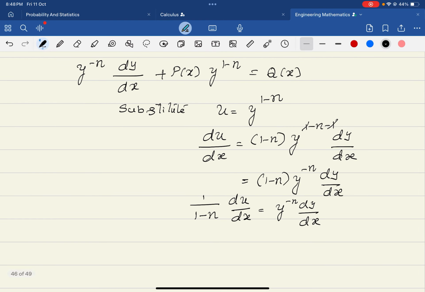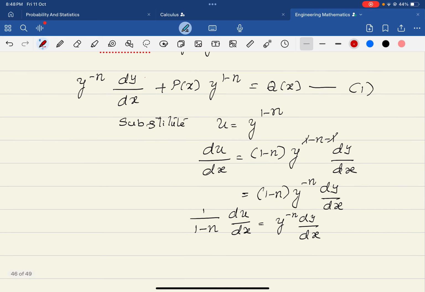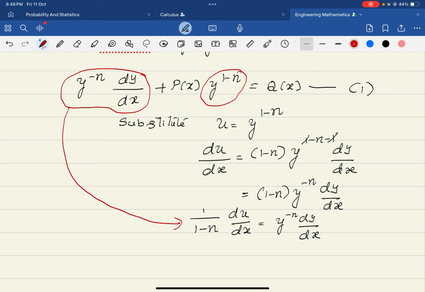So let us now put all these in equation 1. What is y power minus n dy by dx? I can substitute it by 1 by 1 minus n times du by dx, and this term by u. I hope you could understand. This term is u.